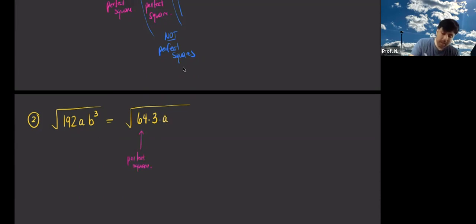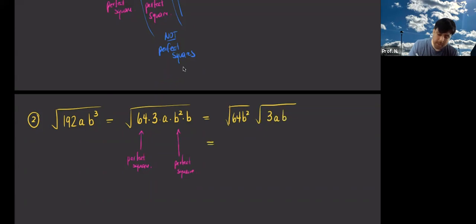A, I just leave A because A is as simple as it gets. B cubed, I can break down as B squared times B. So this is also a perfect square. What I'm going to do is put all the perfect squares under one radical. So the square root of 64 B squared, and this becomes 3AB.